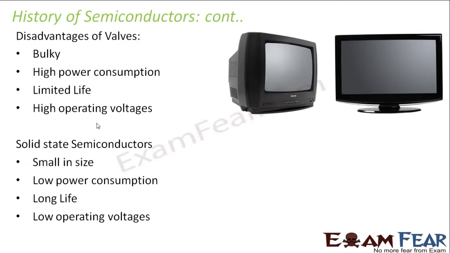And not only that, because it overcame the disadvantages of valves, it found its application in many different fields: in medical fields, in defense, industry, communication, where you have radio, TV, satellites, tape recorders. In all different fields, semiconductor electronics marked its application, and that is why it became so important and significant.